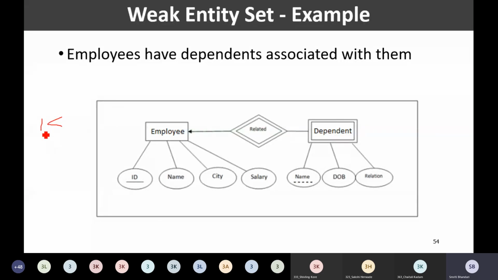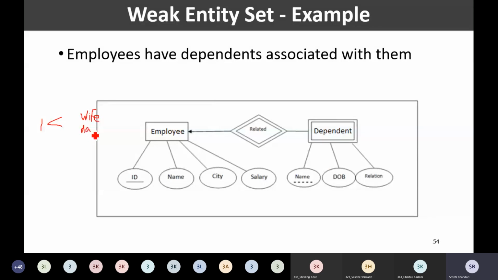Maybe one dependent has the relation wife and another is the daughter. So these two people are dependent on a particular employee with employee ID 1, right?